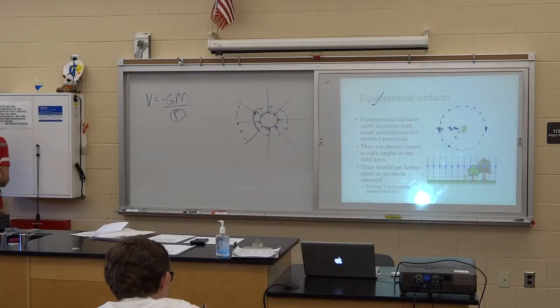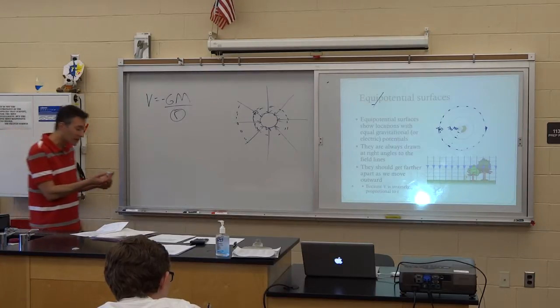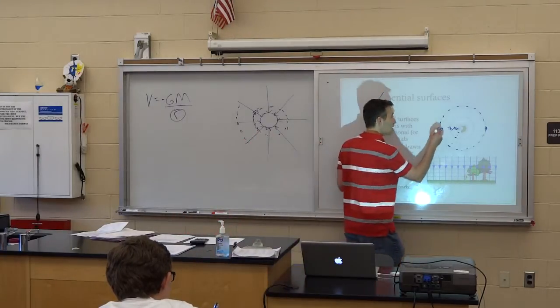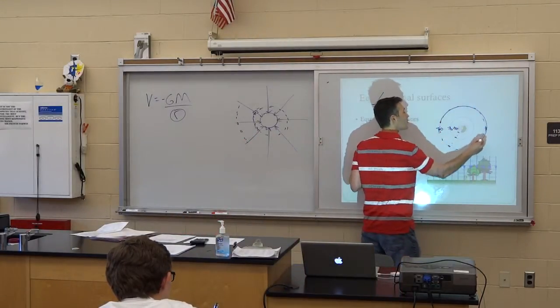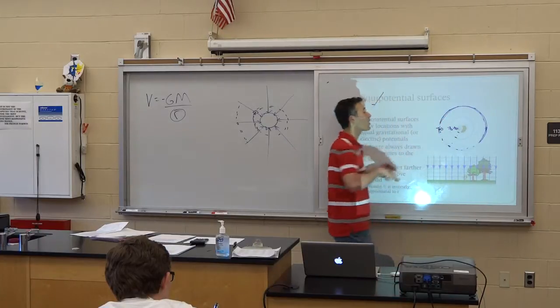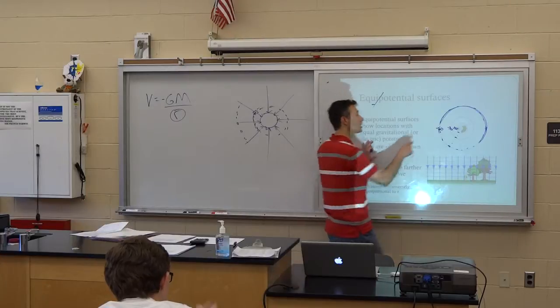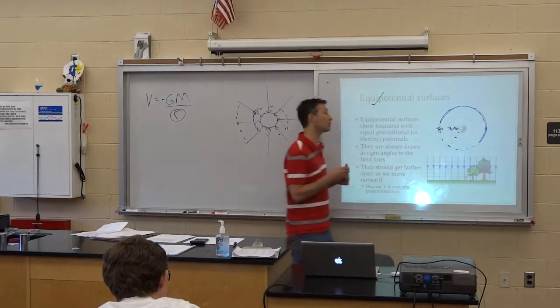It's not leaving its equipotential surface. So we can move anywhere we want along this equipotential surface, and it doesn't require any work. We're not giving it any additional potential energy so long as we stay on that equipotential surface.